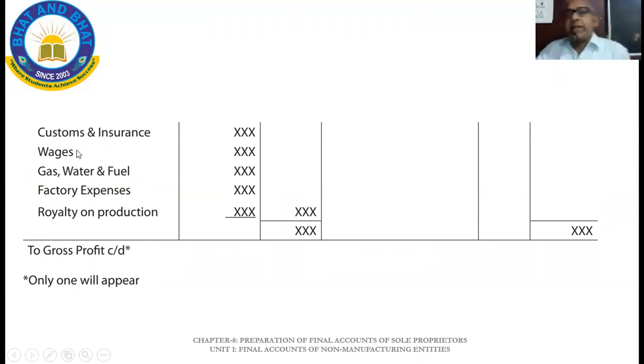There is an insurance called transit insurance. Then wages, if anything paid, gas, water, fuel charges incurred, or factory expenses, anything is there, because these are all for the manufacturing, factory expenses and all. Otherwise, it will only be direct expenses like freight and all for the purchases. Then all this will be added.